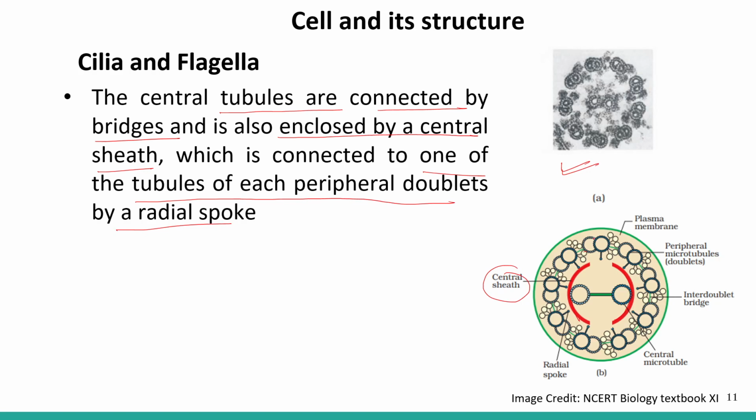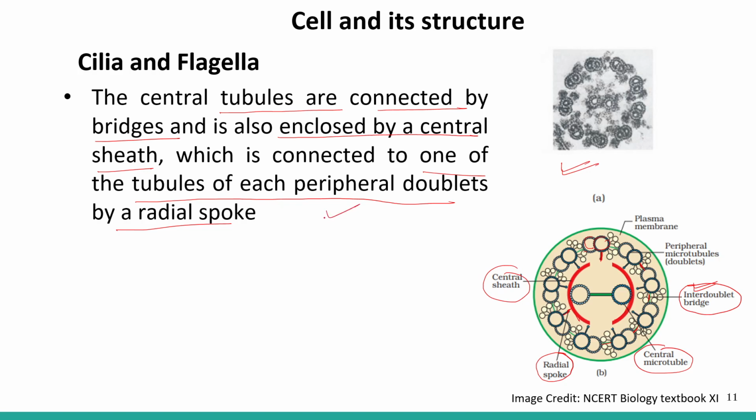So the outer one, that is the doublet structure, is attached to the central one with the radial spoke. So this is the radial spoke. This is the central microtubules, and all these 9 doublets are interconnected. They are connected with the interdoublet bridge. So this is very, very important.